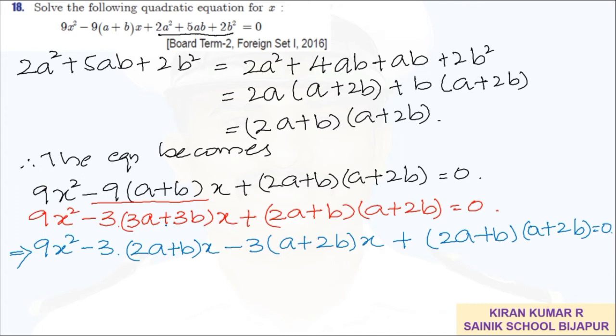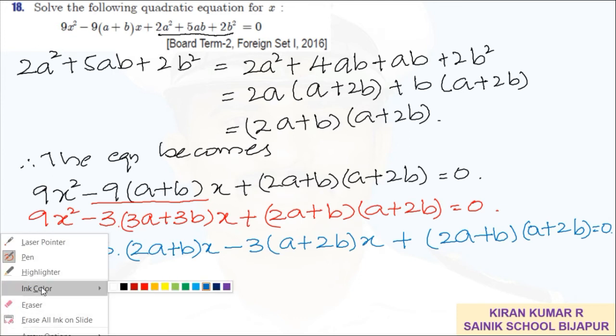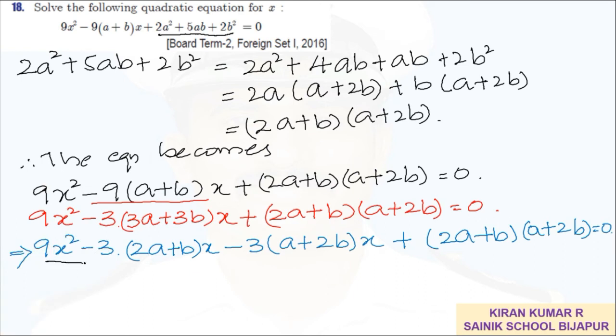What is the use of writing in this format? The use of writing in this format is you can group the two terms together and you can take common. Here in the next step I will take 3x as common.